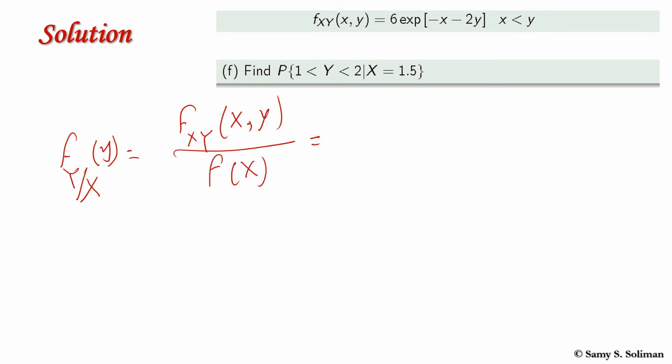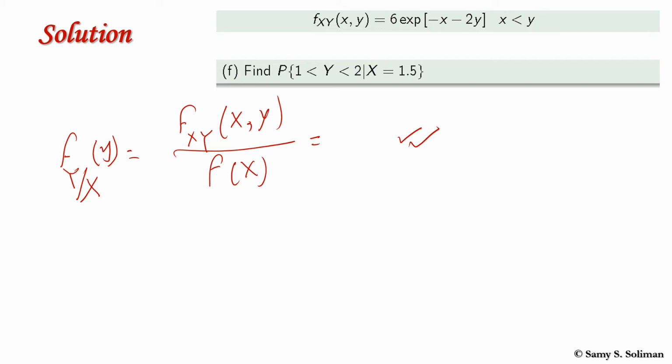Since the joint was 6 e power negative x e power negative 2y and f of x was 3 e power negative 3x, we can calculate this easily. And then in order to find the probability that y ranges from 1 to 2, we have to integrate the resulting expression from 1 to 2.